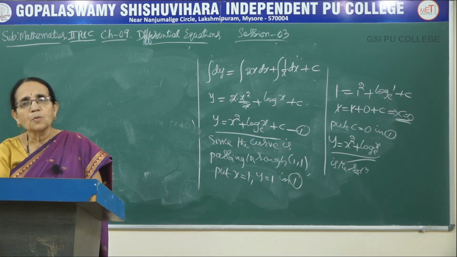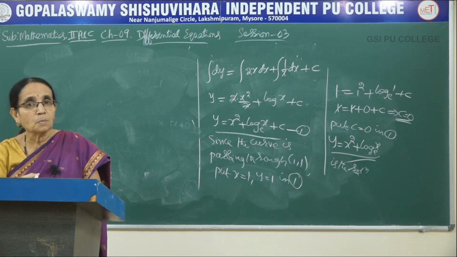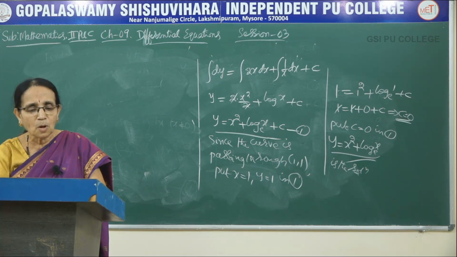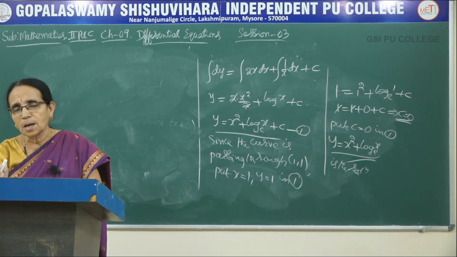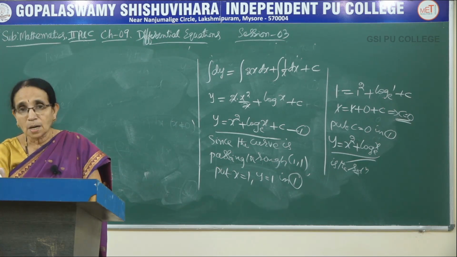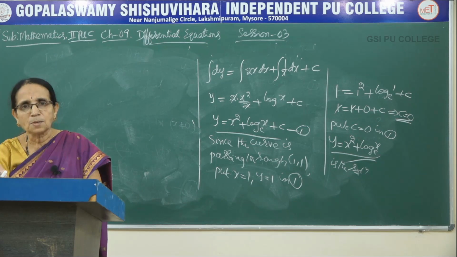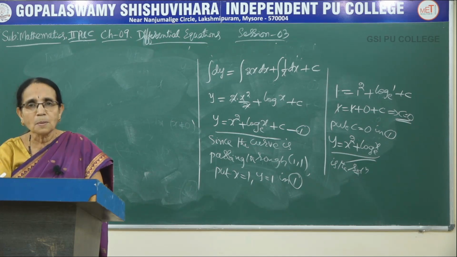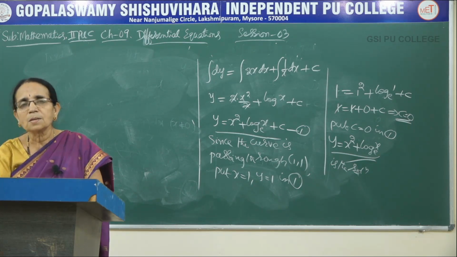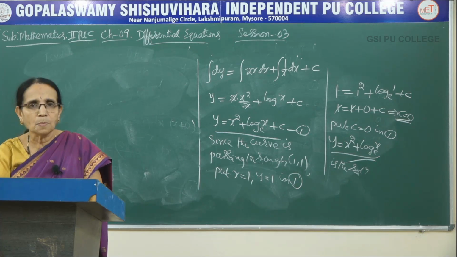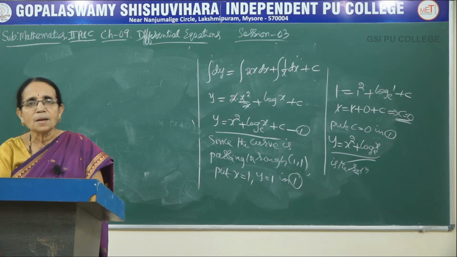Now I am moving on to the second one. I told you this variable separable method is generally given for a 3-mark question. So again I am telling you repeatedly, for a 2-mark question, to find the order and the degree would be given, that type of problem. So order will always be there, degree may or may not be defined, which I have explained in the earlier sessions.